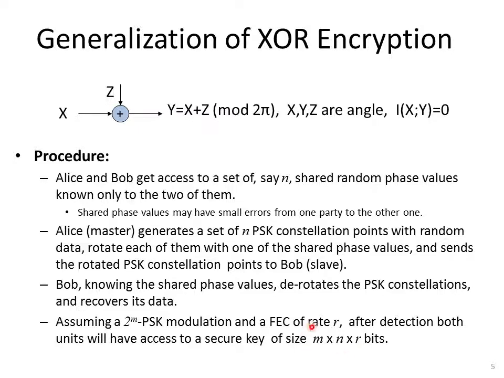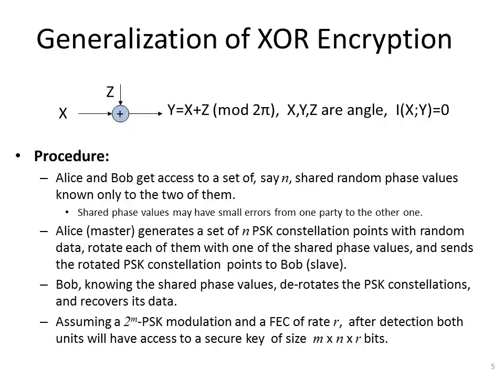So this many bits will be essentially error-free detected at Bob, and because Alice has originally generated those bits and encoded them, both parties will have access to that same random bit pattern, which will be used as a key.